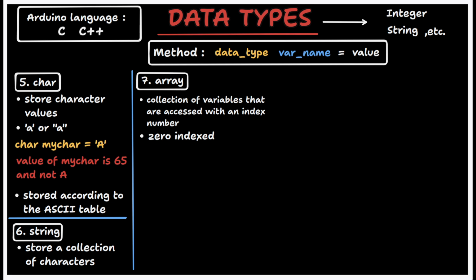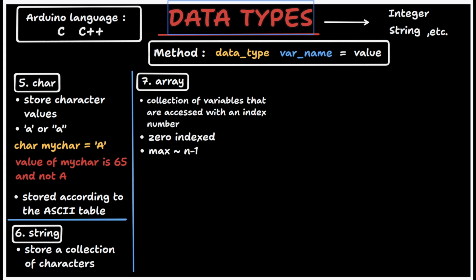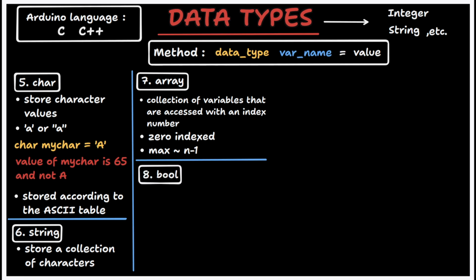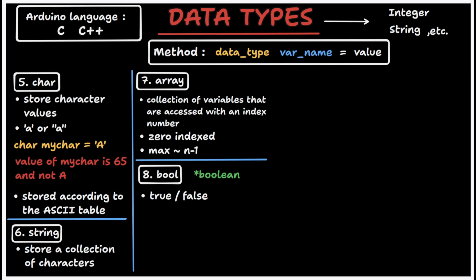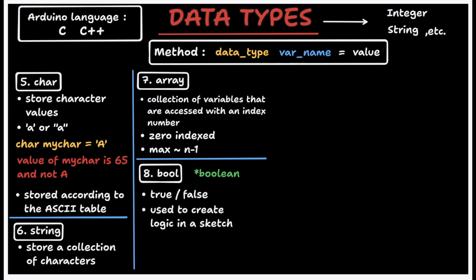So, while accessing an array, the maximum index you can access is n-1, where n is the length of the array. Number 8. Bool. The bool, or sometimes called boolean, holds only two values, true or false. These are used in creating logic in a sketch.